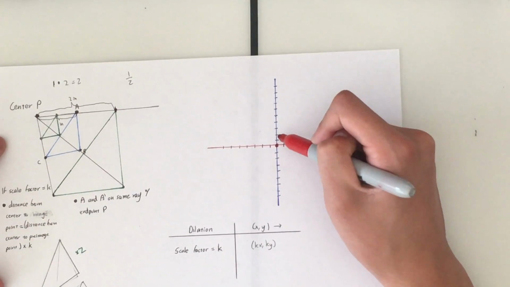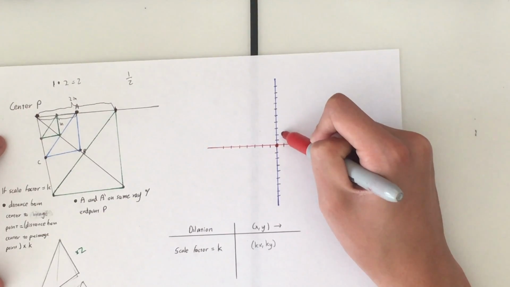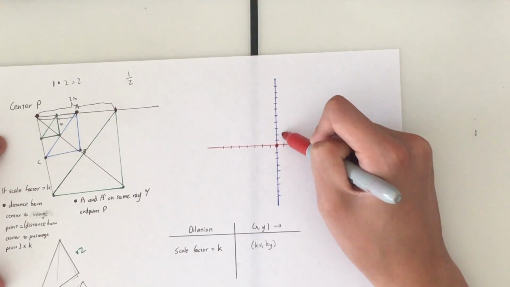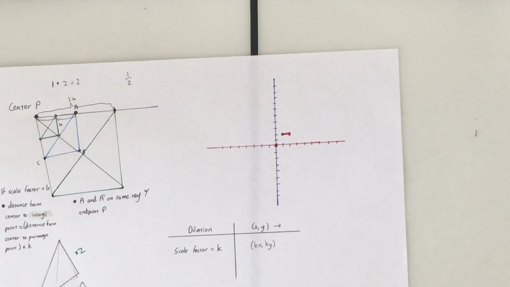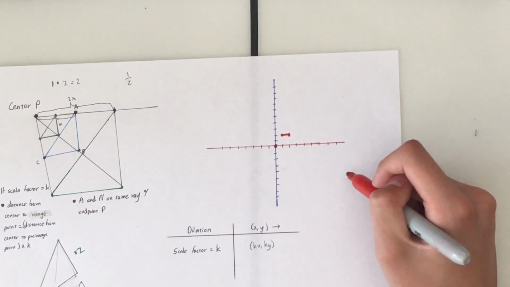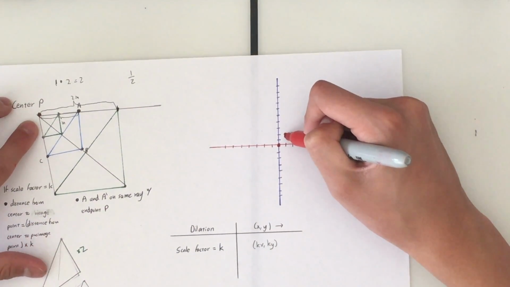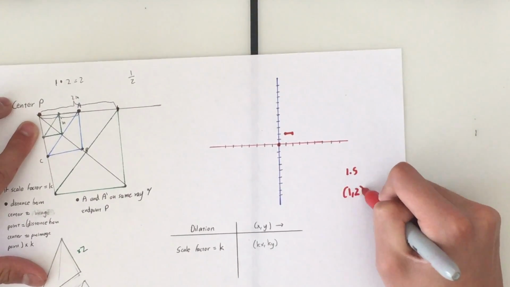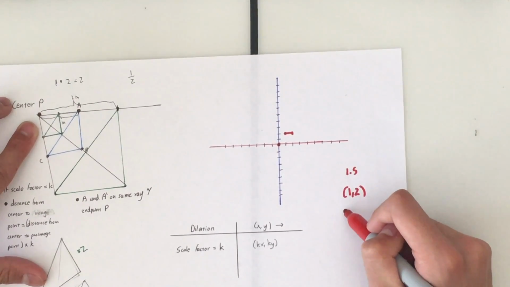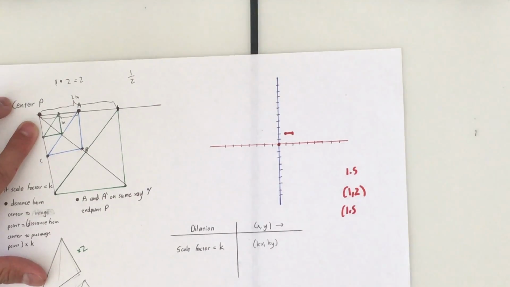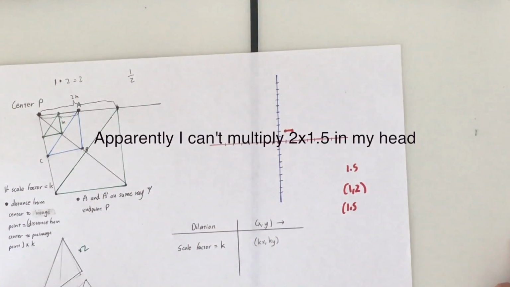So let's say we want to dilate this segment right here, (1, 2) and (2, 2). The only thing we would need to do is multiply both of them by the scale factor. Let's say the scale factor was 1.5. So (1, 2), we would multiply each by 1.5. 1 times 1.5 is 1.5, and 2 times 1.5 is 3.